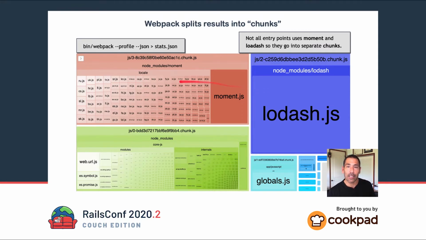So what happens is that we end up with several different chunks. And that way, depending on what page you're viewing, we serve just the right chunks to the browser. In other words, it would be a complete waste if we sent all this JavaScript to the browser every time because somebody might never go to one of those pages. And our goal is to only send the browser the JavaScript that's needed.